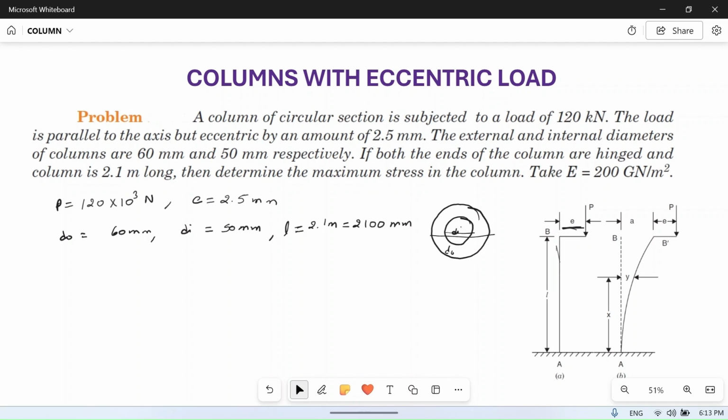Now determine the maximum stress in the column. Okay, take E is equal to 200 giganewton per meter square. Giganewton means 10 to the power 9 newton. So it can be written as 200 into 10 to the power 3 newton per mm square.